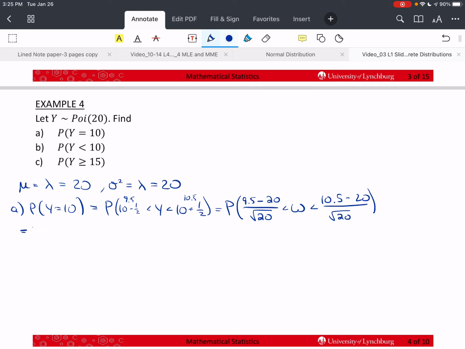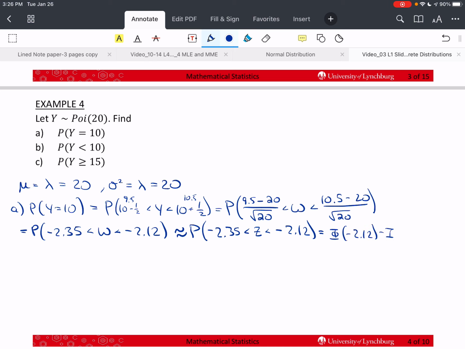And this is equal to the probability that W is between negative 2.35 and negative 2.12, and we can approximate that with the standard normal. So we change the W to a Z, which is equal to phi of negative 2.12 minus phi of negative 2.35.